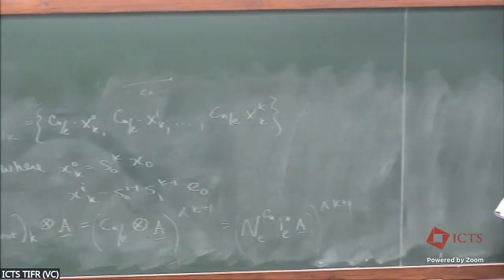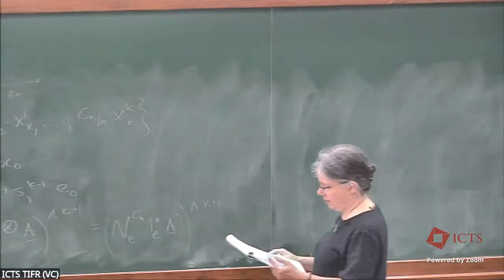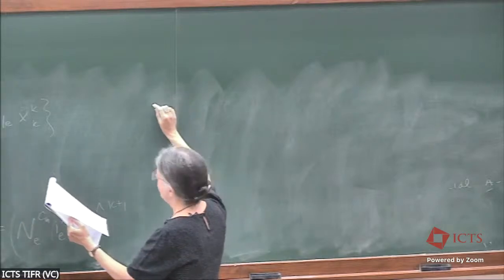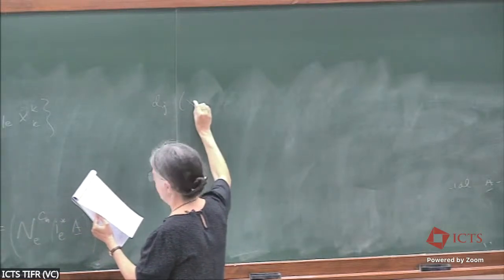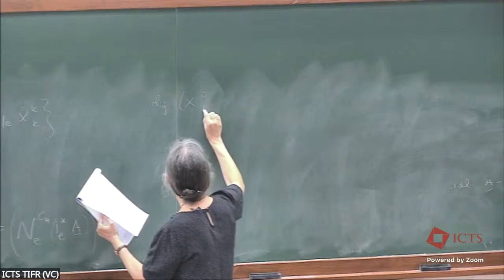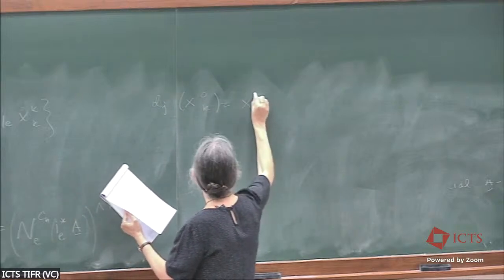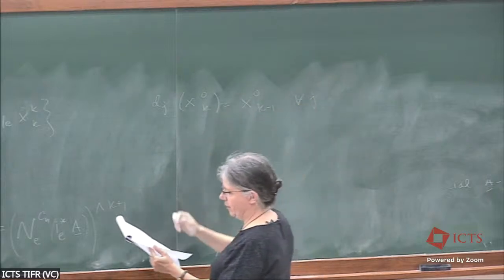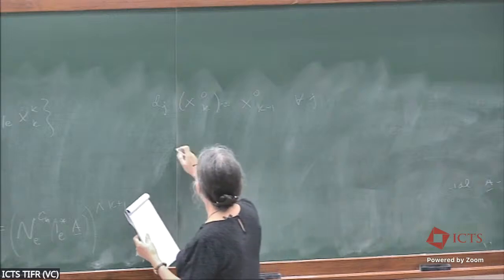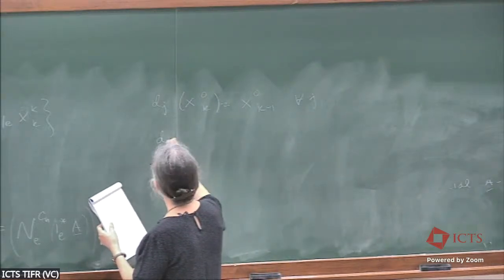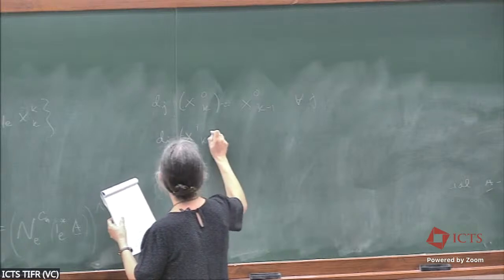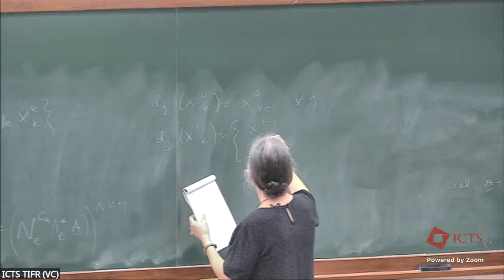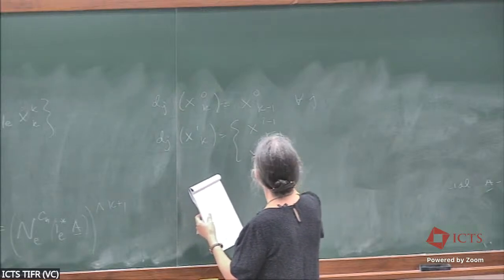To just get the habit of working with this. And then I know from this description that dj of x0k is equal to x0 k minus 1 for all j. That's the thing that's degeneracy on a point. And then I have dj xik is equal to x i minus 1, k minus 1 or xi k minus 1.